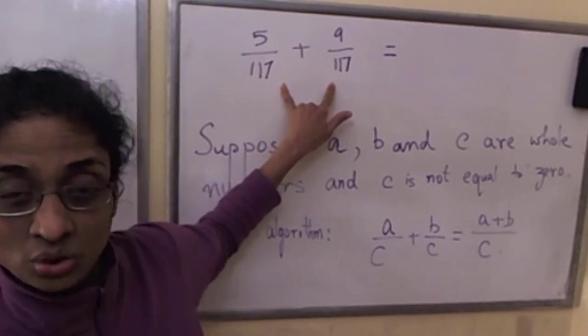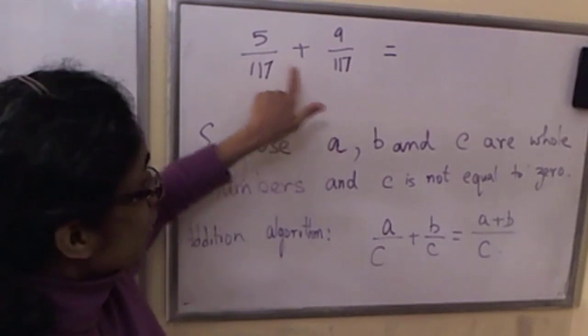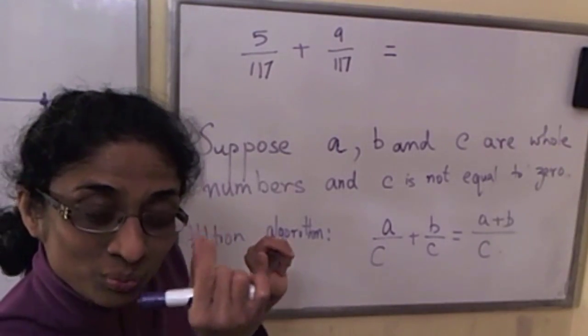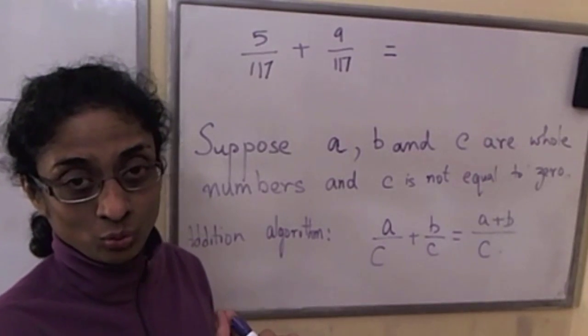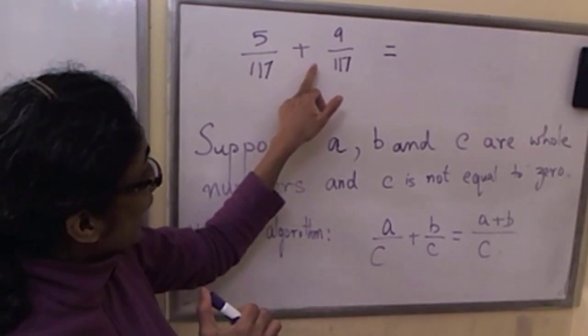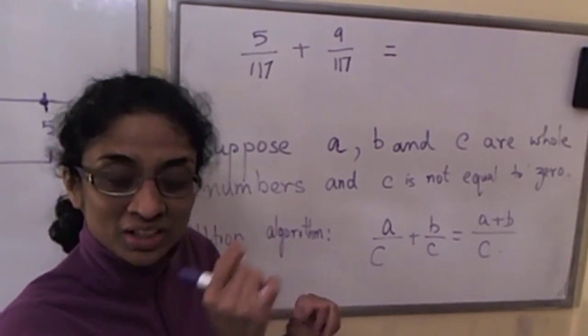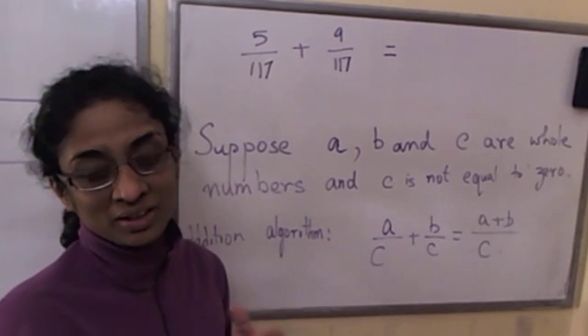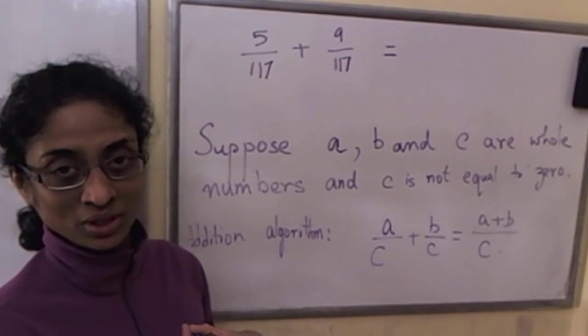So in this addition, all we're doing is taking 5 of those tiny pieces and then adding it to 9 of those tiny pieces. So how many of those tiny 1/117 pieces are we going to have?